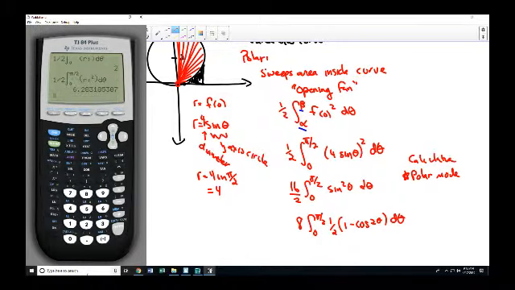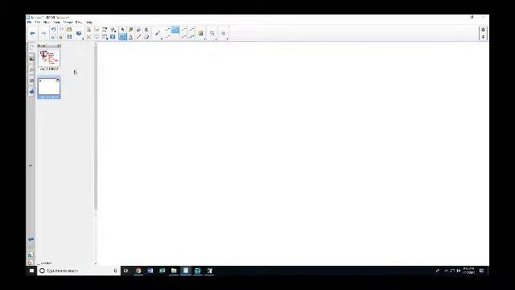This stuff matters when you get a more specific angle and use pi over 2. I'll show you one right now, actually. Let's do: sketch r equals sine 3 theta and calculate the area of one petal.